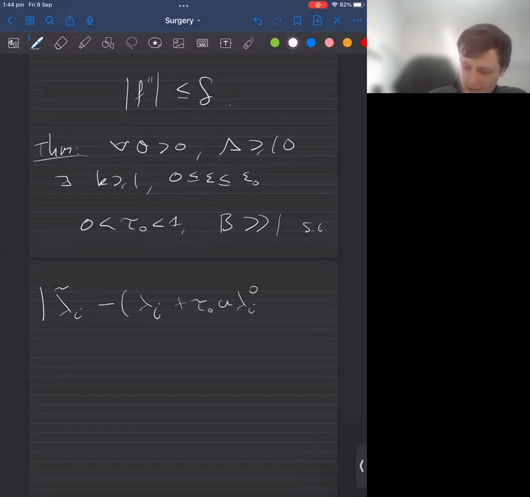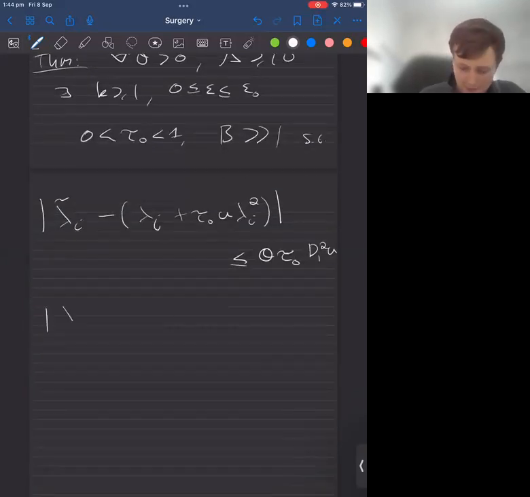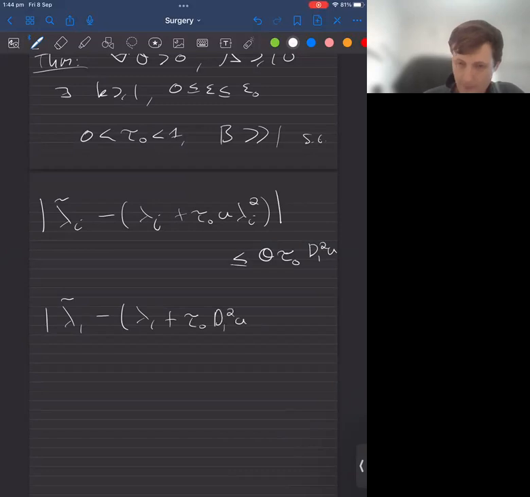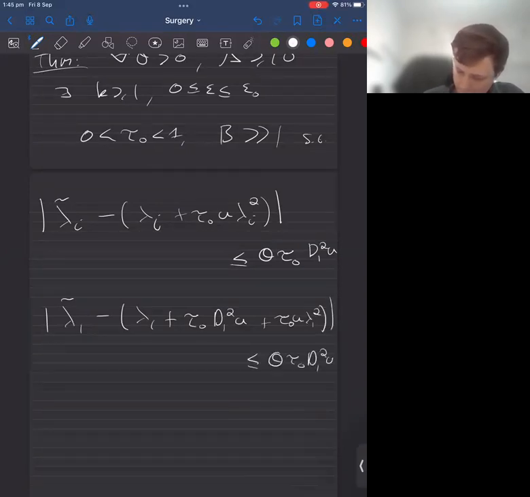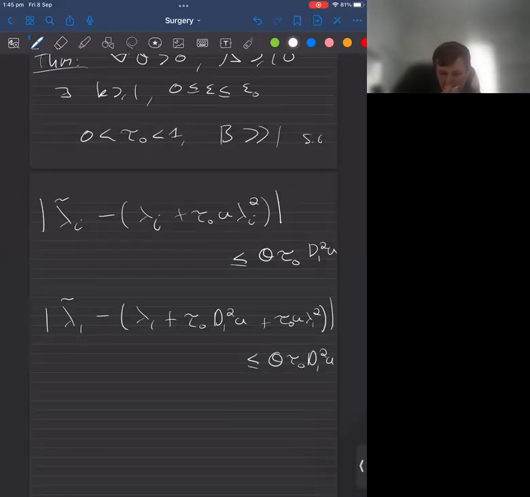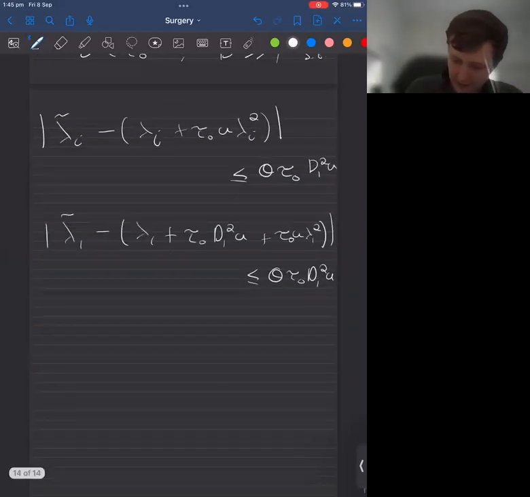I'm just rewriting basically the previous proposition, but in terms of the eigenvalues, because I think it looks a little bit nicer. Lambda 1 is, of course, special. Okay. So you get these bounds, and the idea is we can make theta as small as we want, which is really, really nice.